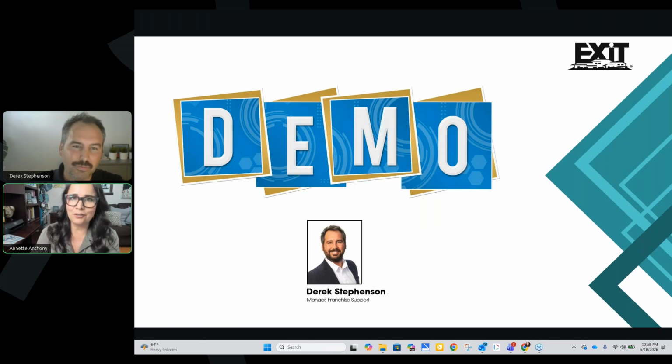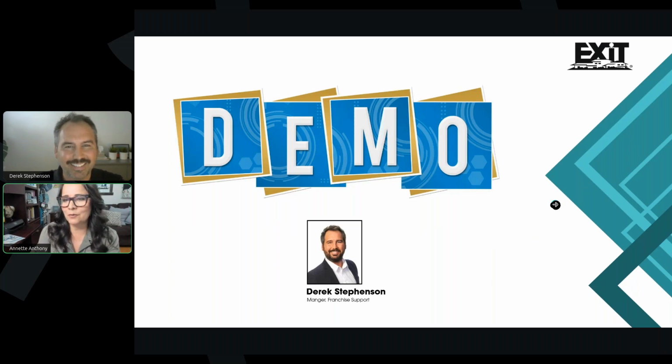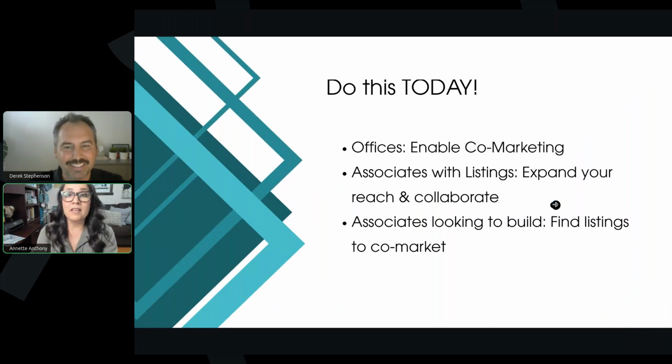Now, I've got some to-dos. I want to make sure that every associate takes from what they've learned today and actually applies it to their business immediately. First thing I want you to do is for offices, if you haven't already enabled co-marketing, we would definitely encourage that you do that. And then second, the associates with listings, we encourage you to expand your reach and collaborate with the associates in your office.